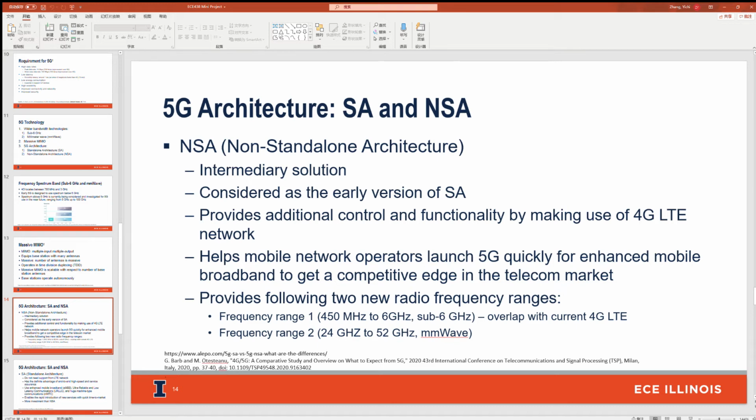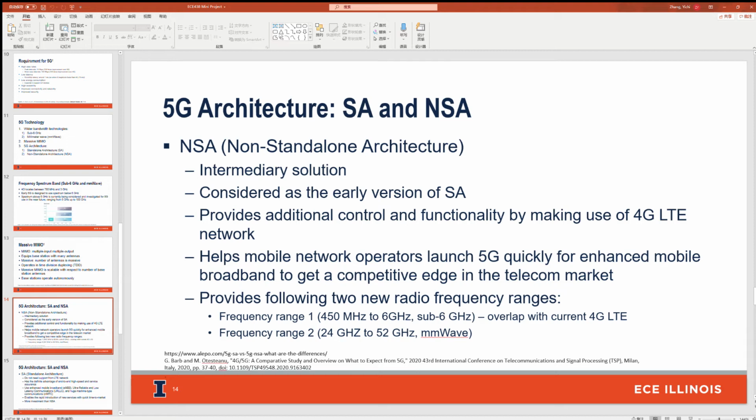It helps mobile network operators launch 5G quickly for enhanced mobile broadband to get a competitive edge in the telecom market. NSA also helps leverage the existing LTE voice footprint to maximize the LTE installed base and boost capacity while increasing delivery efficiency.